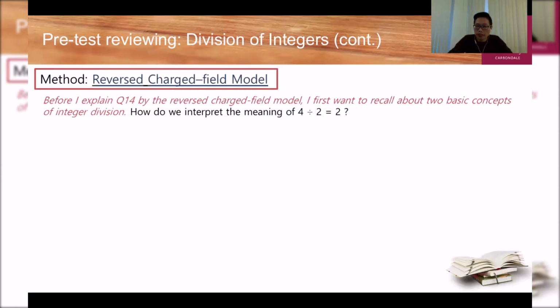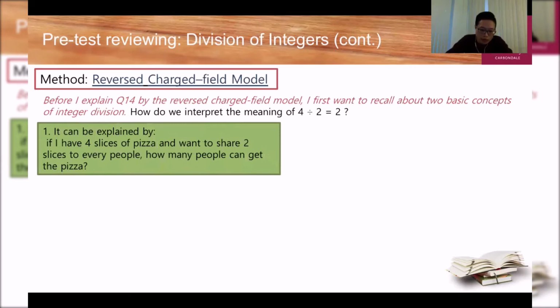Before I explain question 14 by reverse charge field model, I first want to recall two basic concepts of integer division. So the question here is, how do we interpret the meaning of 4 divided by 2 is 2?